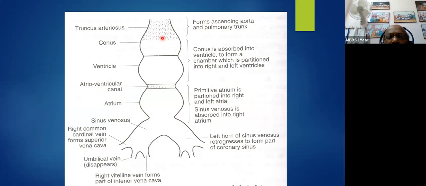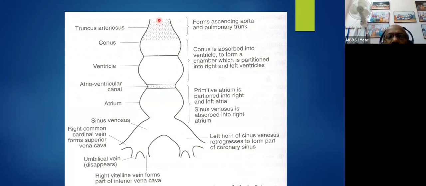Now, all these structures are in communication with each other. That is one point. Another thing, the ascending aorta and pulmonary trunk are in communication with each other. Both ventricles are in communication with each other. So what we need now is formation of a septum.